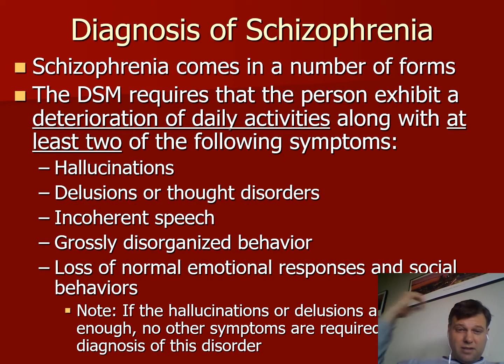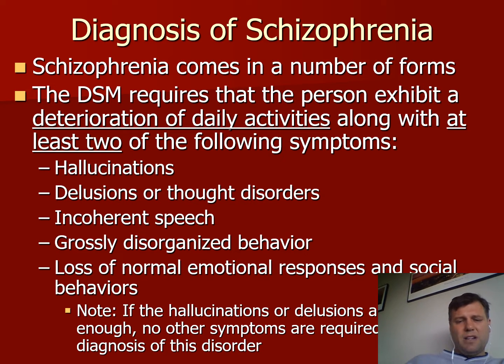This challenge is compounded by the fact that when we look at schizophrenia and what people are really struggling with, it comes in a vast variety of different forms. Again, schizophrenia is usually just diagnosed when somebody's showing a really profound cognitive and behavioral disconnect from reality, but the way they can disconnect from reality happens in a variety of different forms.